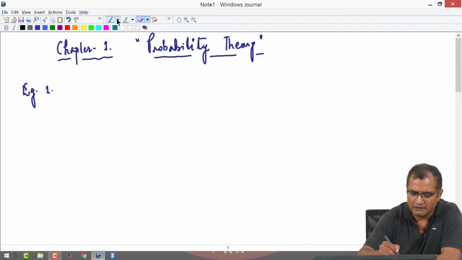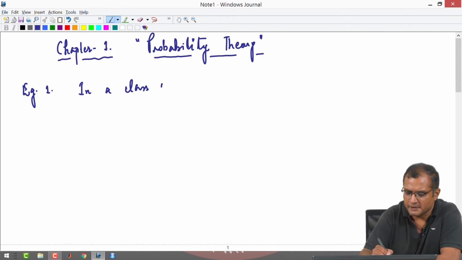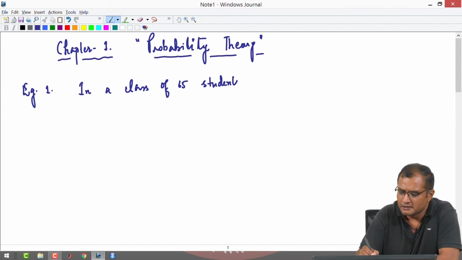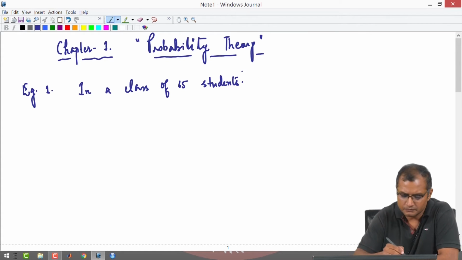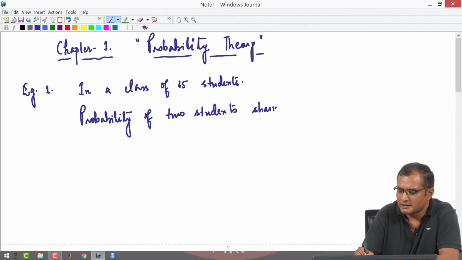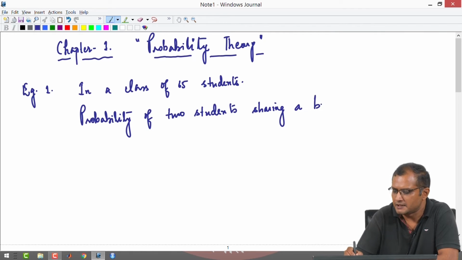Let us say you have a class of 65 students, typically the strength of any master's class in IIT Madras, and you ask yourself a question: what is the probability that any two of them will share a birthday? Any two students in the class sharing a birthday.